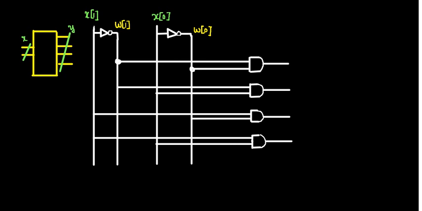This is how the circuit would look like. So this is Y0, Y1, Y2, Y3.